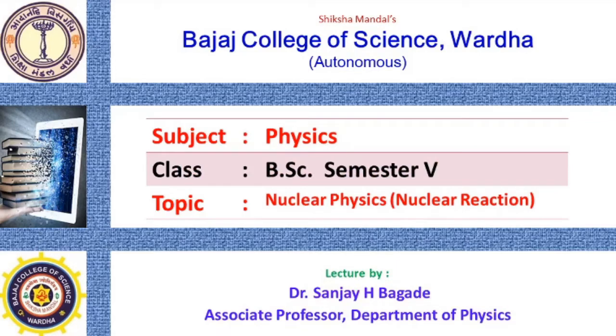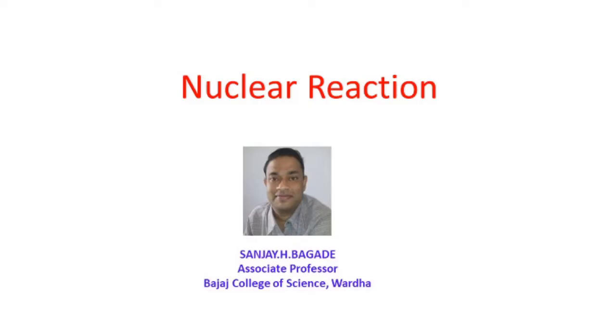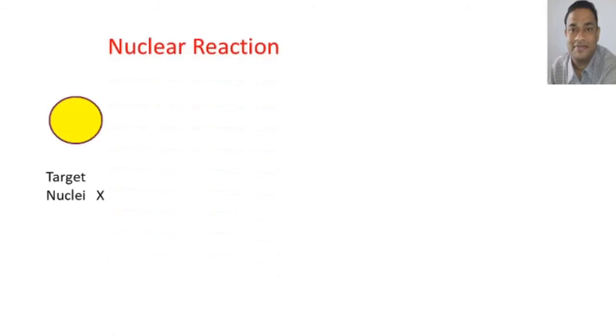The topic of today's discussion is nuclear physics, and in that we are going to see nuclear reactions. Consider a nuclei of a heavy element denoted by capital X. It is called the target nuclei, and a small particle which is called projectile denoted by small x.